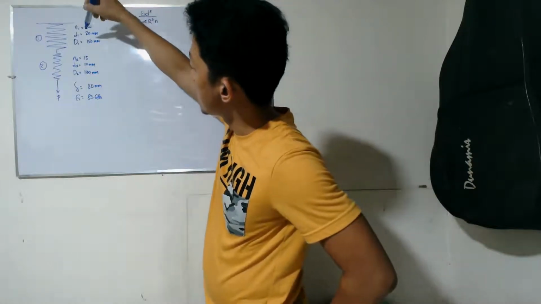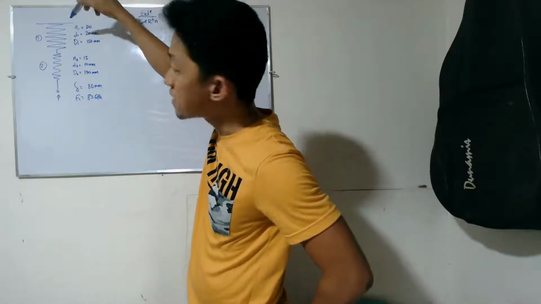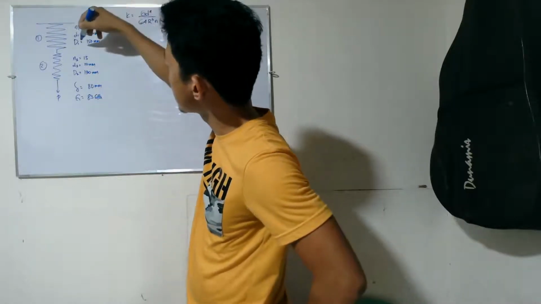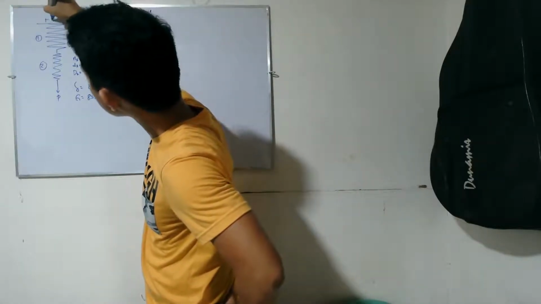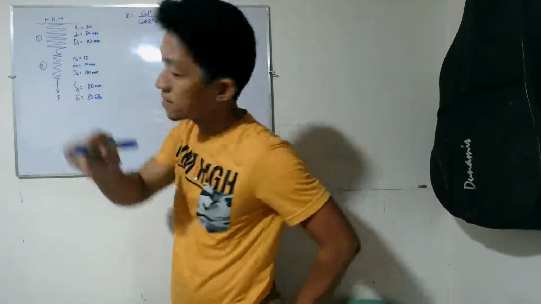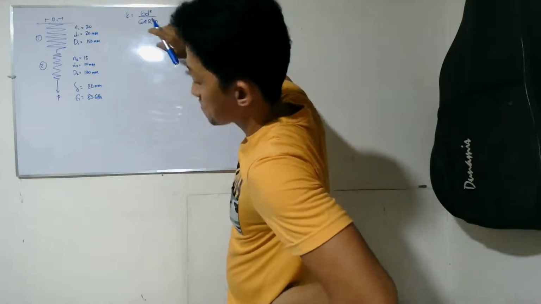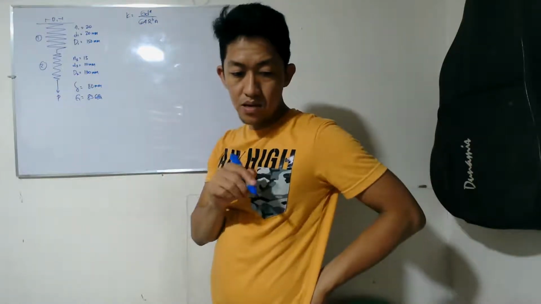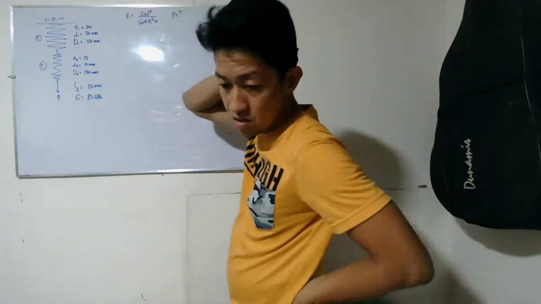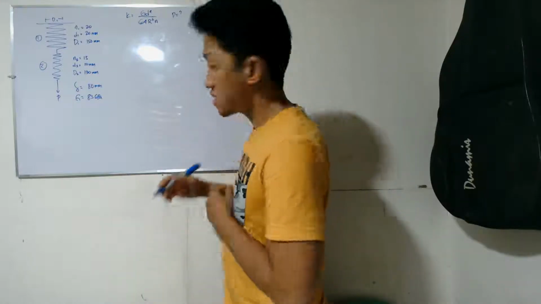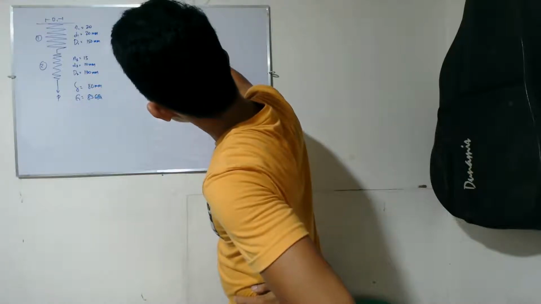For spring 1 and spring 2, the small d is the wire diameter, and the capital D is the mean coil diameter. To get the torsional shearing stress, we need this P. Based on the equation, P is equal to K times delta.